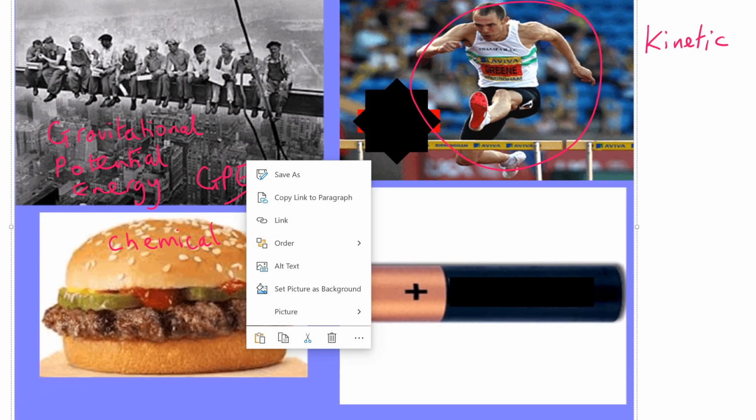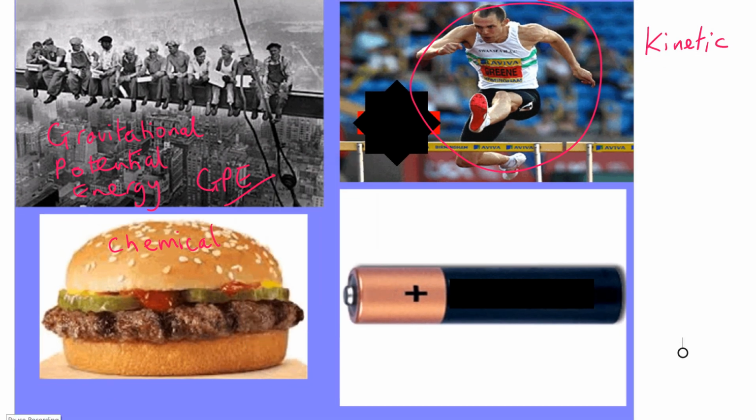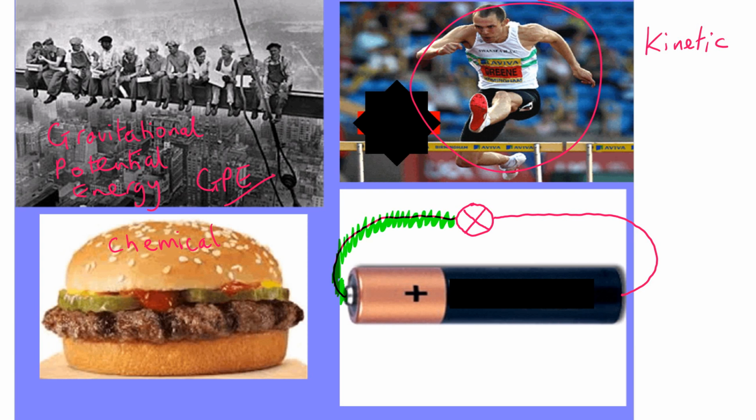And the last one that we've got here is a battery. Now, if you were to link up that battery to a bulb, you would get the flow of electricity through this circuit.